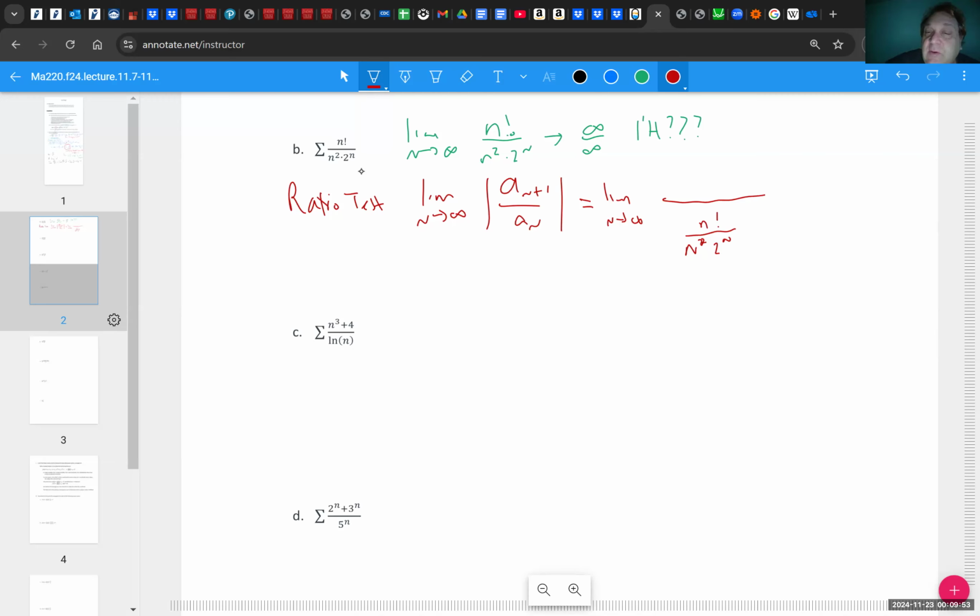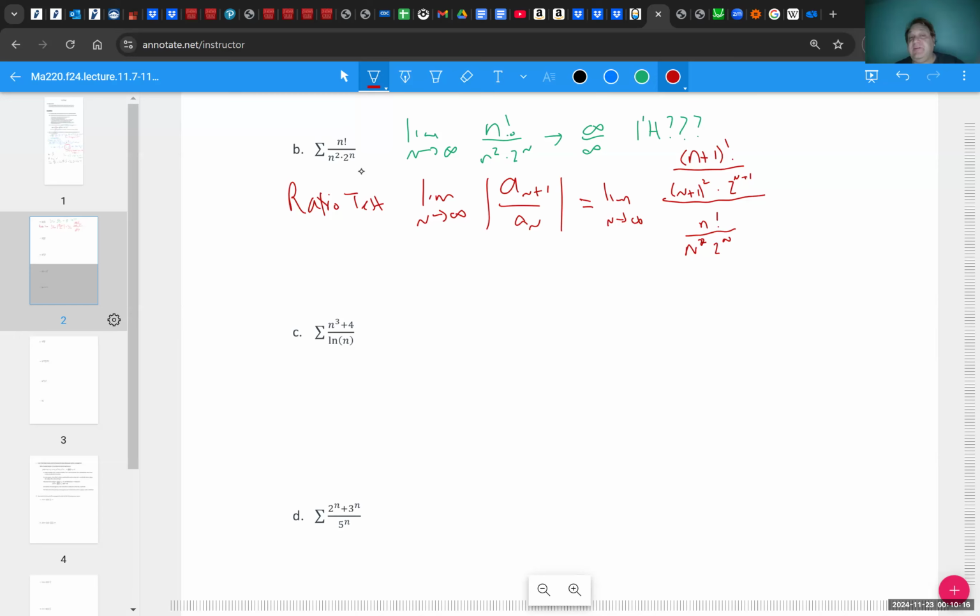So instead of n factorial, I have n plus 1 factorial. And instead of n squared, I have n plus 1 squared, and 2 to the n becomes 2 to the n plus 1. So I'm literally just doing all the plus 1s for n's on the top and just leaving the function as it is on the bottom.